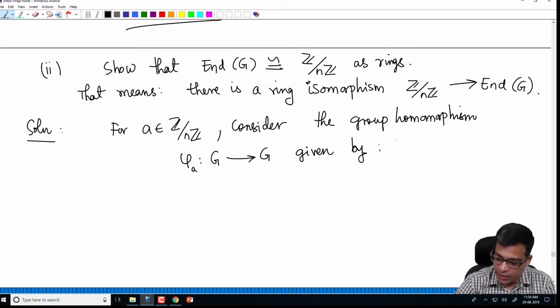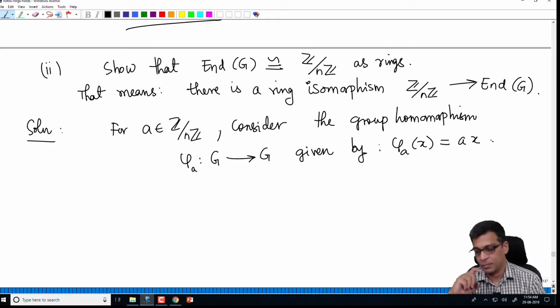This is given by phi A of x is Ax. So now I need to tell you what is Ax.